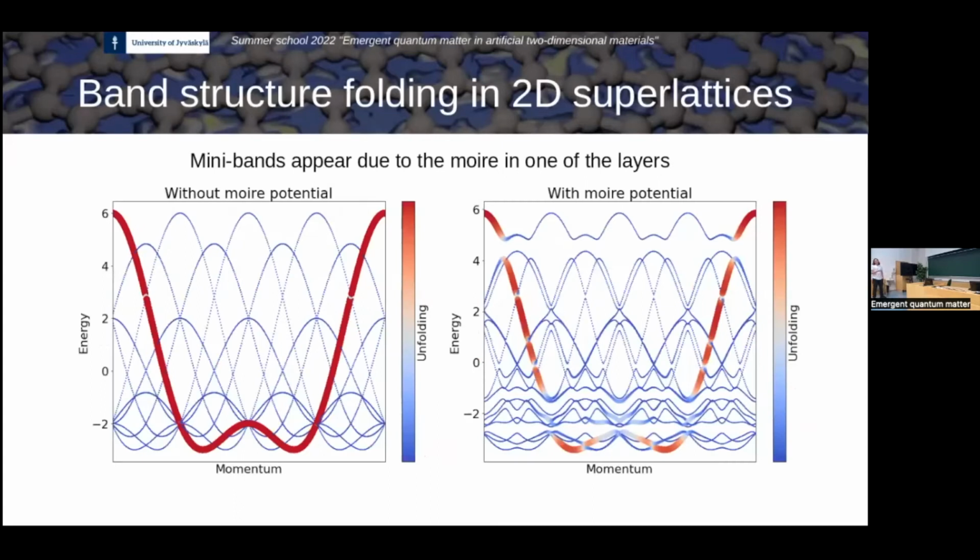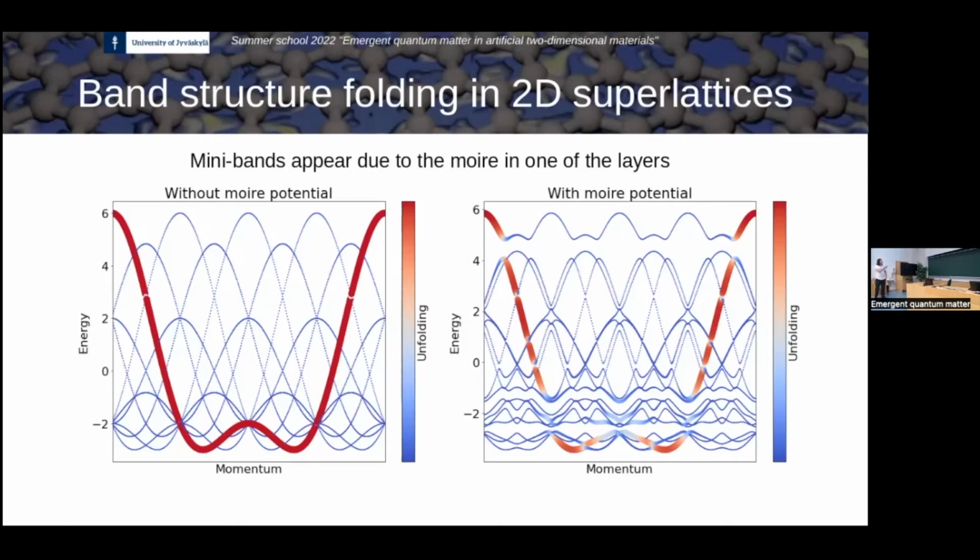So now, if you do the very same trick as before, you compute your band structure in the big supercell that may have, let's say, 20 by 20 atoms, and you expand that band structure in reciprocal space. So instead of just considering one single Brillouin zone, you go through several Brillouin zones so that your band structure repeats itself, and you pick the right band using this unfolding procedure.